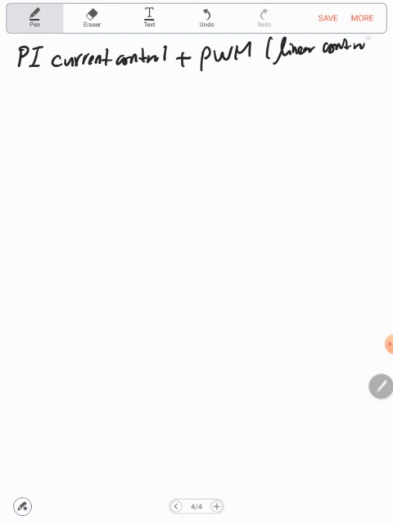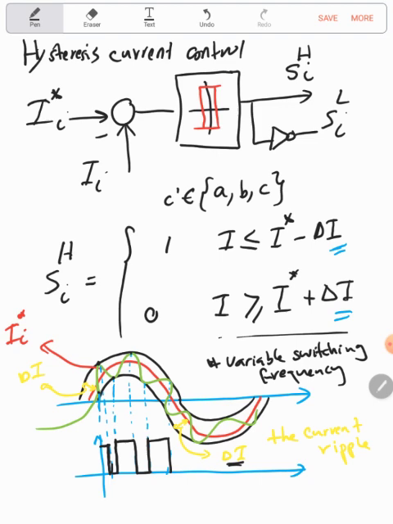So now, if we use PI current control plus pulse width modulation, this actually will be a linear control, while the hysteresis current control is nonlinear, bang-bang control.